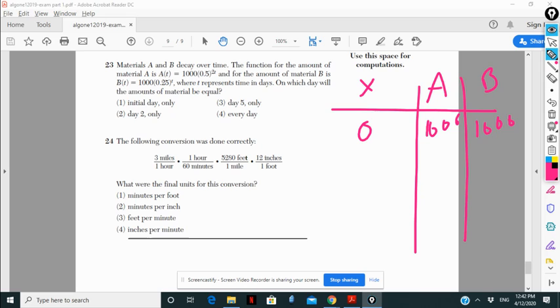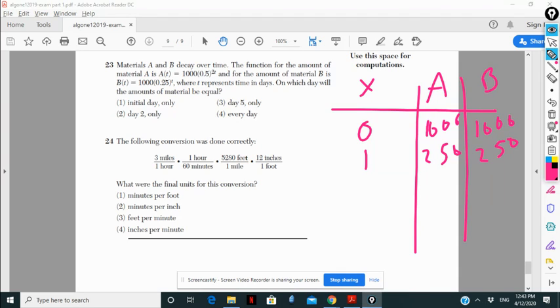Quarter to the power 0 is 1. 1 times 1000 is 1000. Now I'm going to plug in 1. When I plug in 1, half squared is 1 quarter. 1 quarter times 1000 is 250. Now quarter to the power 1 is a quarter, times 1000 is 250.